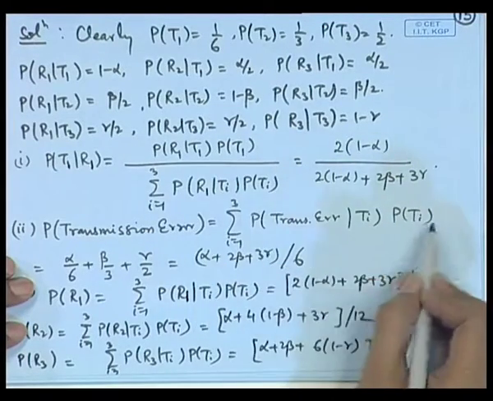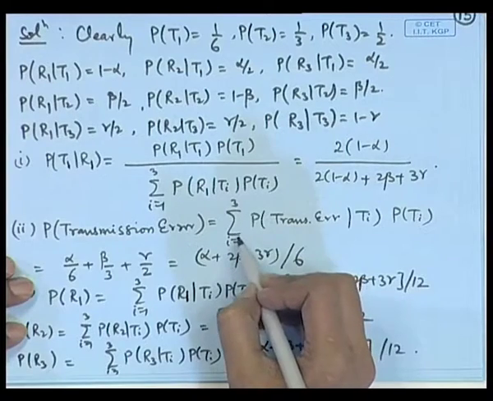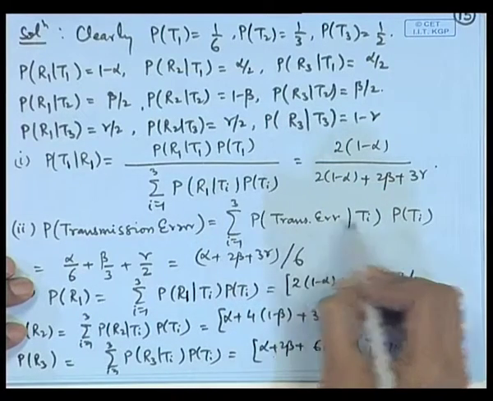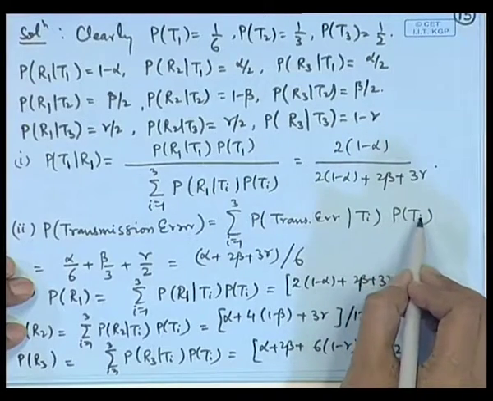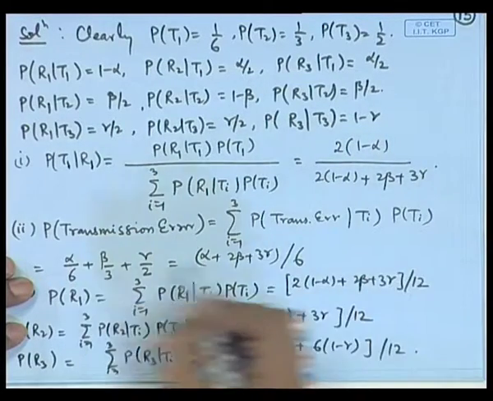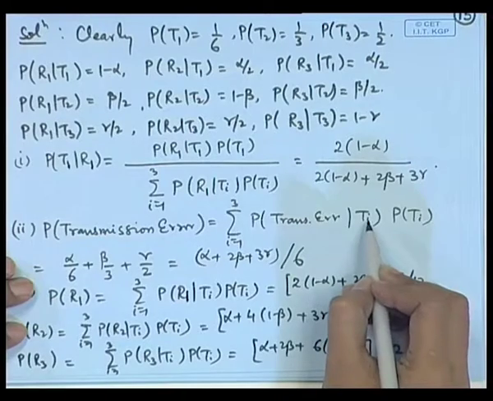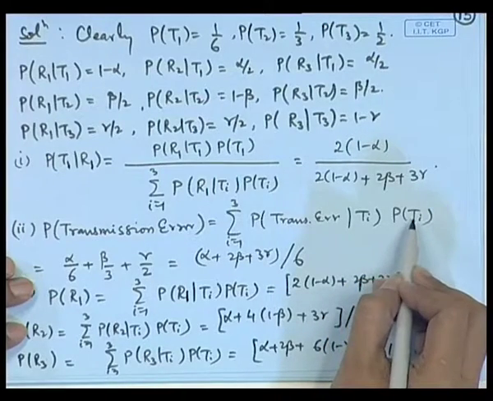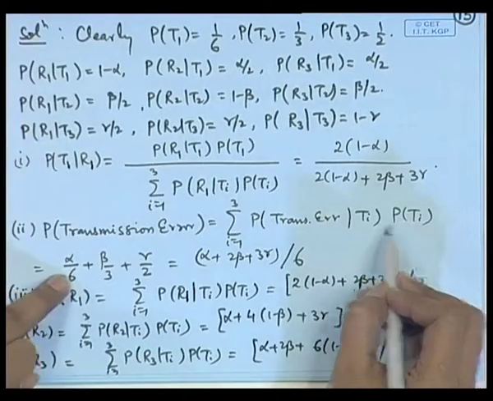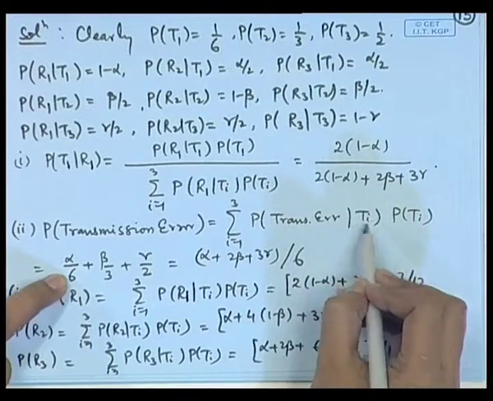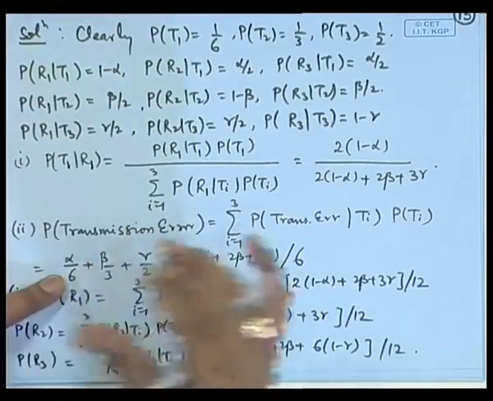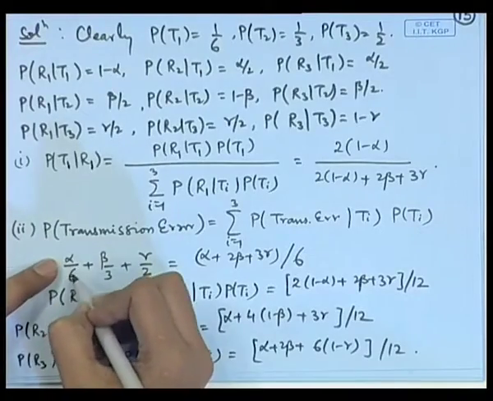So, again by using the theorem of total probability, the probability of transmission error becomes the sum of probability of transmission error given T i into probability of T i. What is the probability of T 1? That is 1 by 6. And what is the probability of transmission error given that 1 was sent? It is alpha, because 1 minus alpha is correctly sending. So, it becomes alpha into 1 by 6.